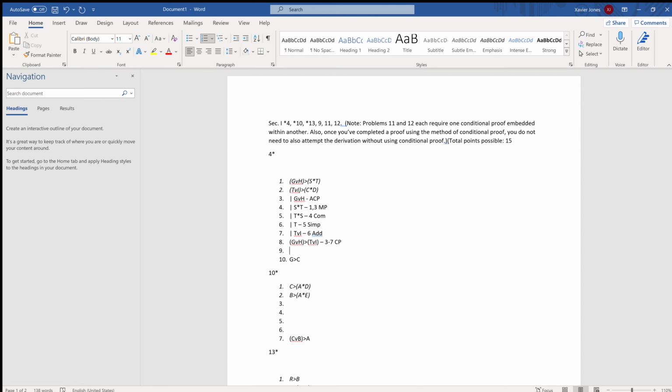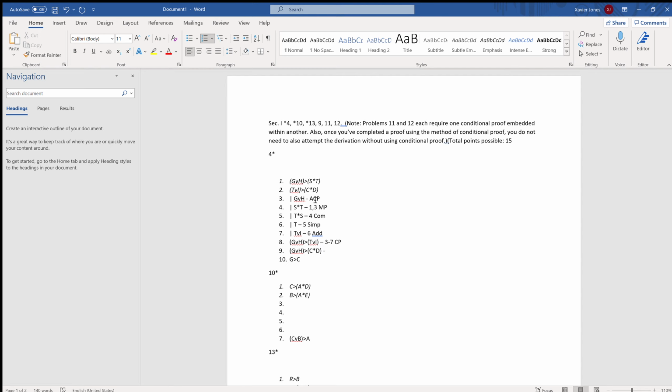So now we can get if G or H, then C and D, via modus ponens.